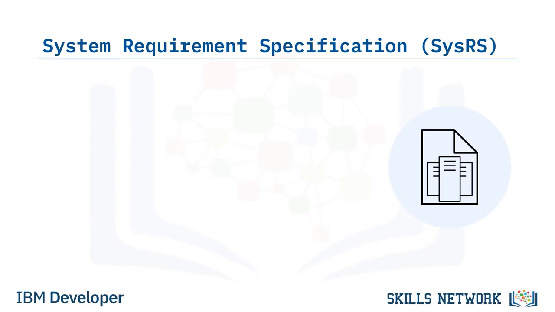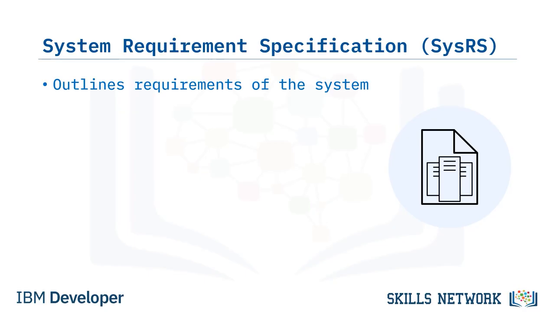The System Requirement Specification Document, or SysRS, to differentiate it from the SRS, clearly outlines the requirements of an entire system. The System Requirement Specification is often used interchangeably with Software Requirement Specification, but the SysRS is actually broader in scope than the SRS. Many software projects develop an SRS rather than a SysRS.